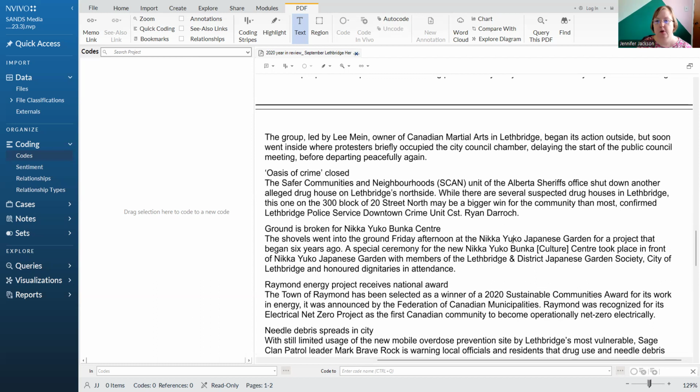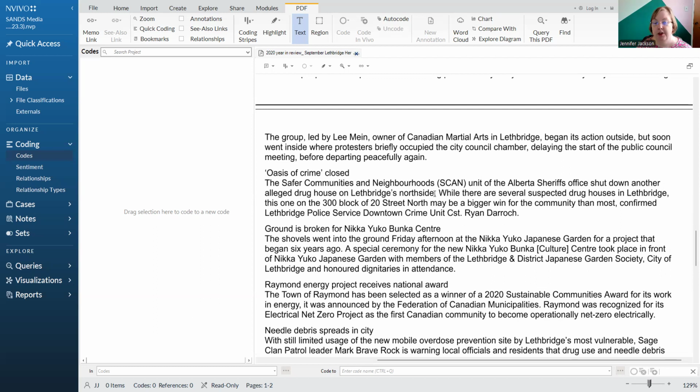Okay, so when we look at this, we can start by saying our first descriptive codes might be neighborhood. We might look at police, safety. So words like that would form probably the basis.